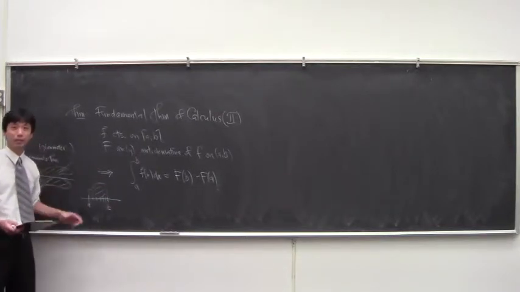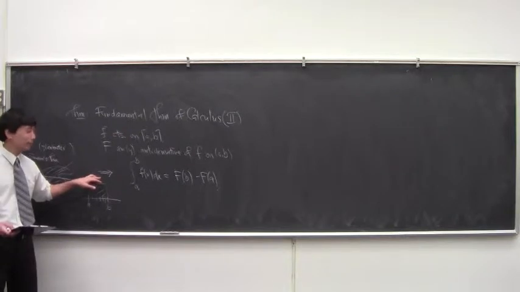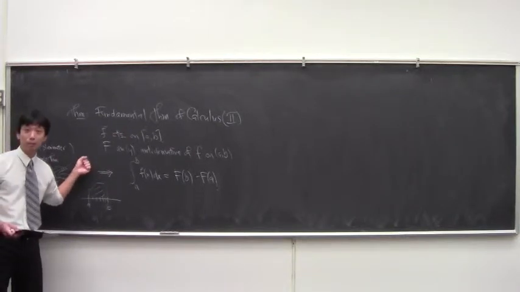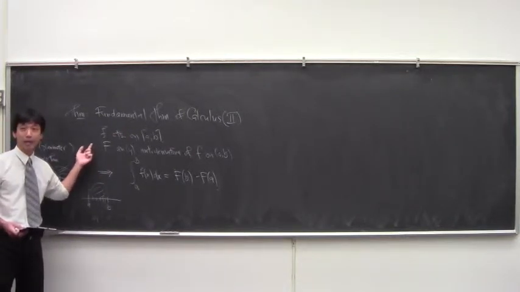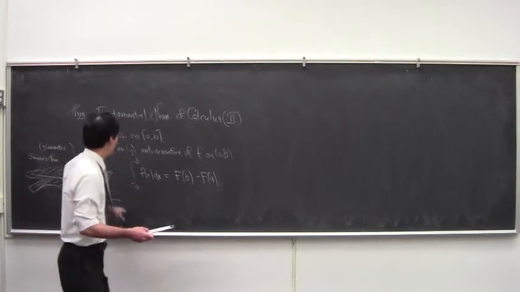We did it once, and I think it was a great relief to see that you could do the same thing by taking the antiderivative and evaluating the difference at the endpoints.